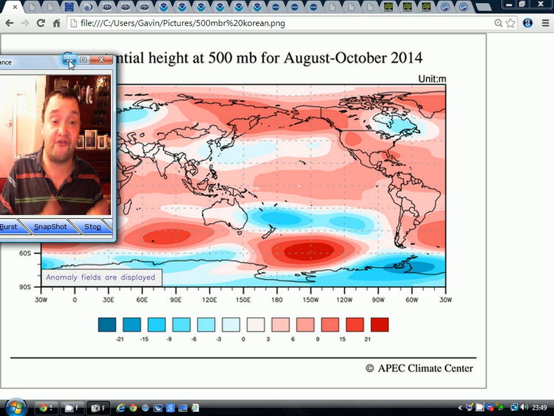Now, the first model that we're going to be using for this update is the return, which I've been talking about a little bit on the Twitter and Facebook pages, of the South Korea model. We used to use the South Korea model a lot up until March when it disappeared. The link I had stopped working. And it's thanks to James Ackrill that we've got it back. It's in a different format, not the same format it was before, but it's back. James Ackrill emailed me the link to the South Korean model a couple of days ago.